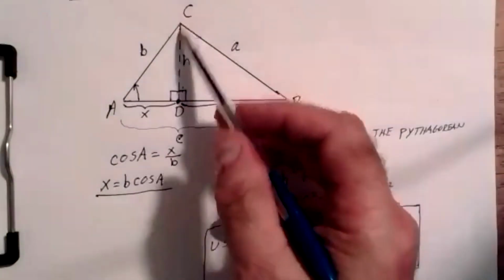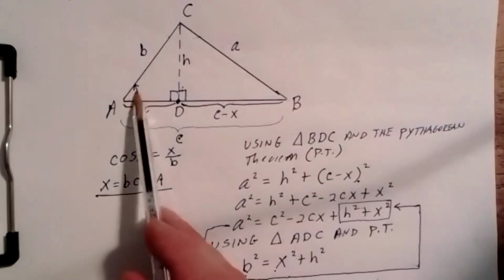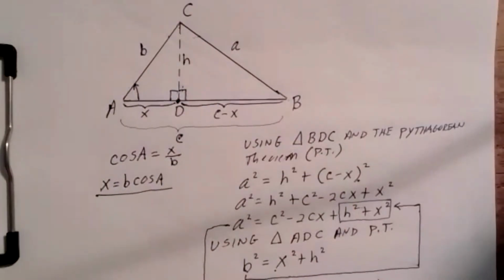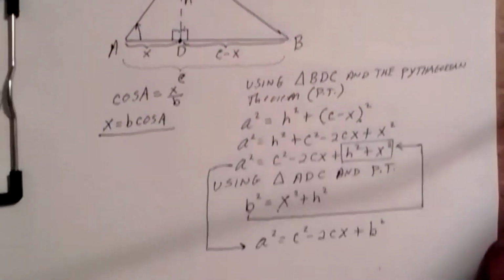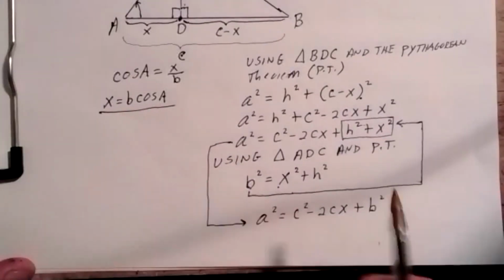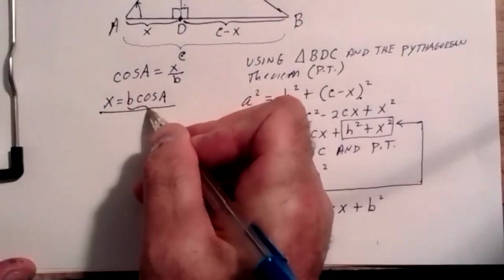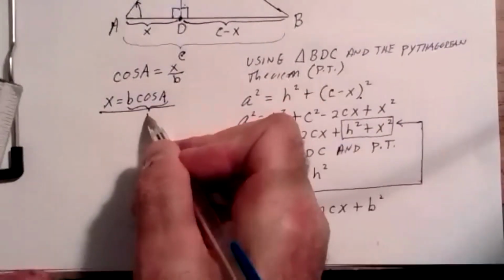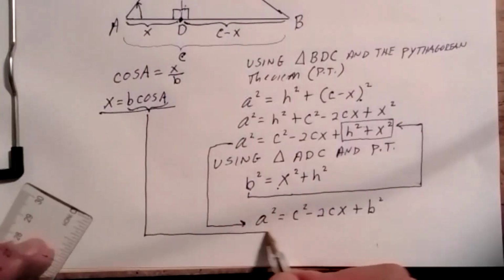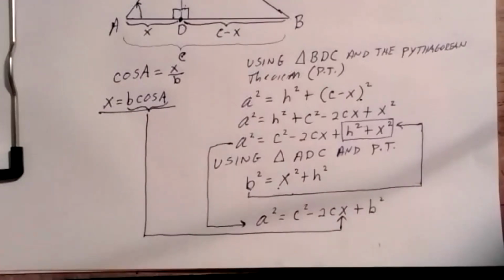Using the right triangle on the left side of this picture here, cosine of angle A is x divided by b, adjacent over hypotenuse. But ladies and gentlemen, another name for x is b times cosine A. So b times cosine A, another name for x, can come down here into this equation and take its place for x right there. Everybody see that there?